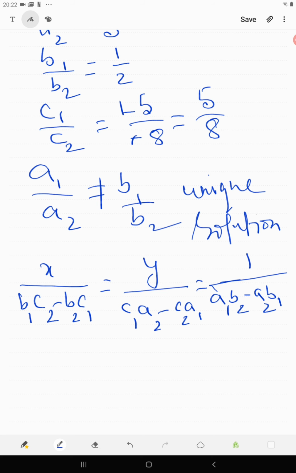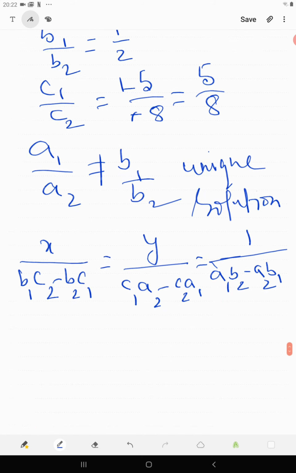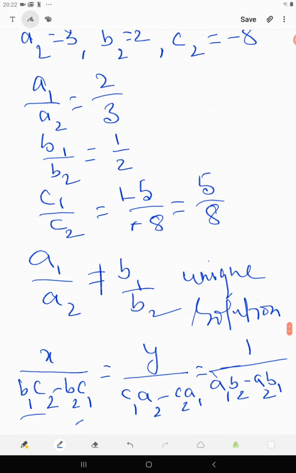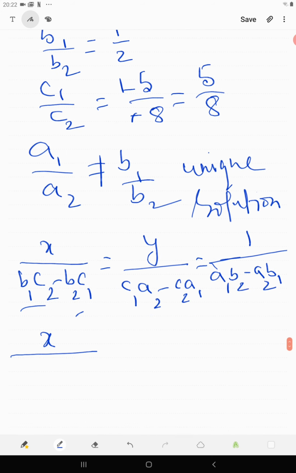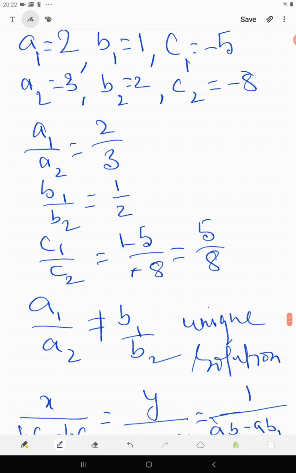Now we already have a1, b1, c1. I already wrote it over here. Correct? So now put it like this. So what we will get? X divided by, what is b1 for us? If you remember here b1 is 1. So 1 into, what is c2? c2 is minus 8. You see this.